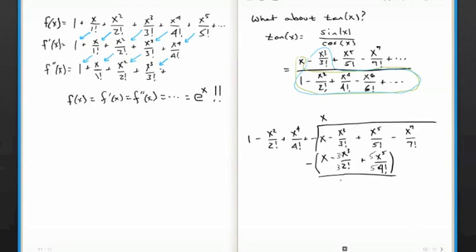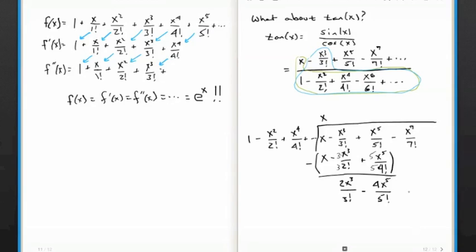So that gives me 2x cubed over 3 factorial. And then this minus this is going to be x to the 5th minus 5x to the 5th, which is minus 4x to the 5th over, well, 5 factorial, to make a common denominator.